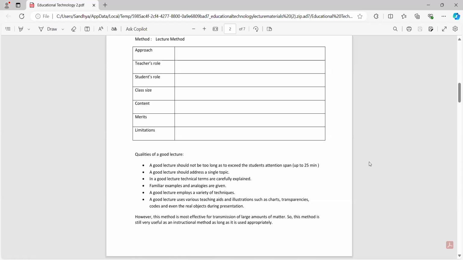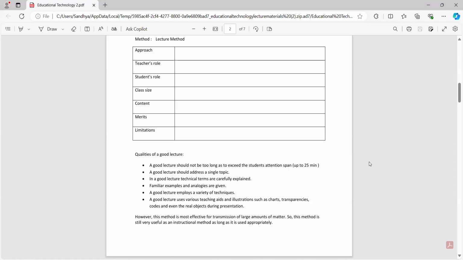When you talk about a point, you can give them examples and comparisons to make it clearer for them. You can also use other techniques like discussion, question and answer sessions, and visual aids. These different techniques can be added to the lecture method.